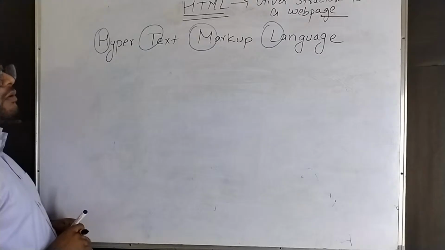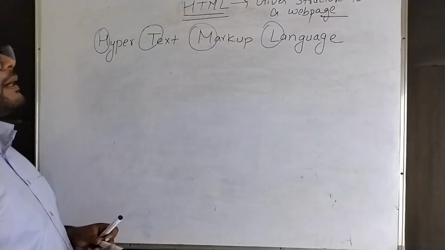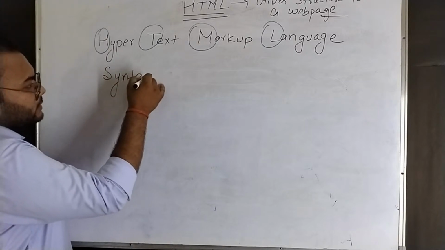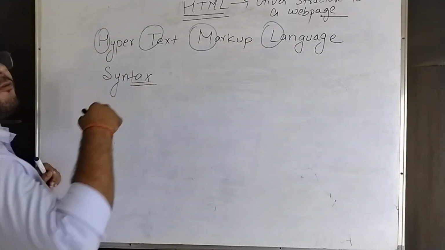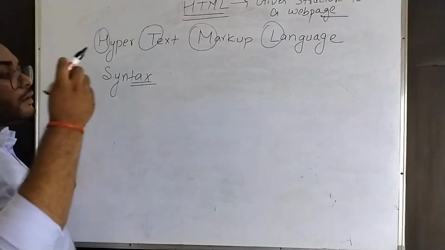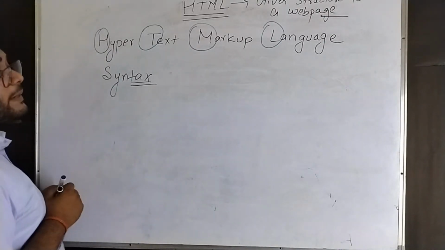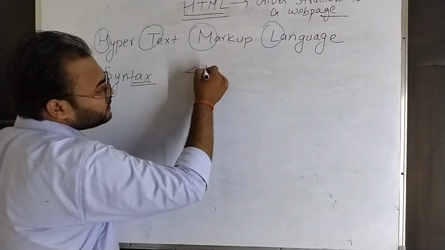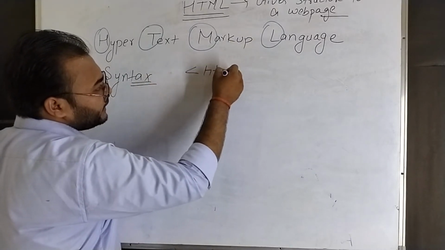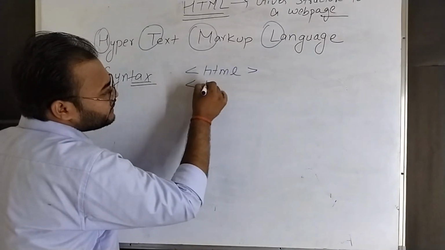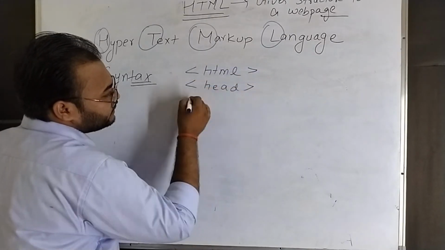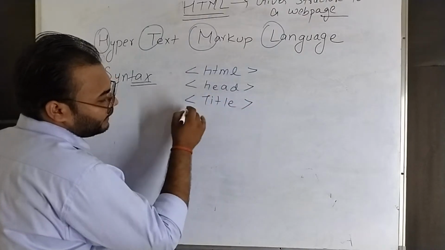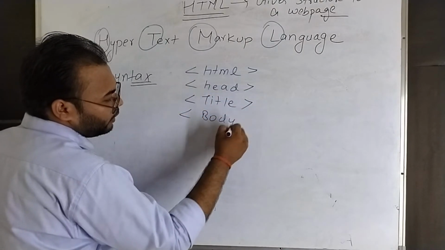Okay. Now coming up to the next, the basic syntax. What is syntax? Format. Clear? Now the basic format for writing any HTML code is what? The first is HTML. Next is the head section. We can go with the title also. And next is body.